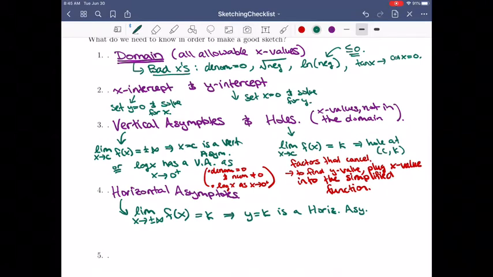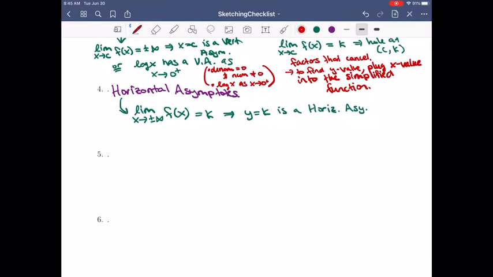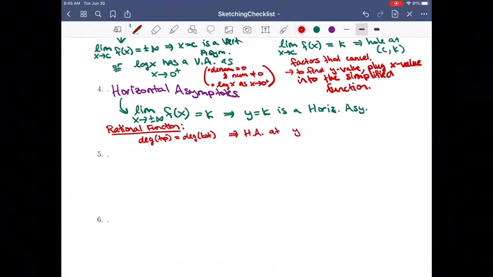So if you have a rational function, so that's a polynomial over a polynomial, then if the degree of the top equals the degree of the bottom, you have a horizontal asymptote at y equals the ratio of the leading coefficients.